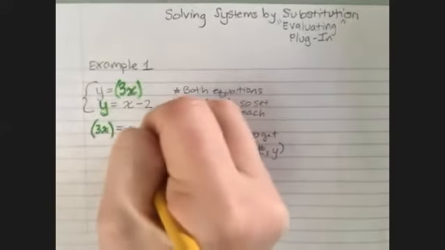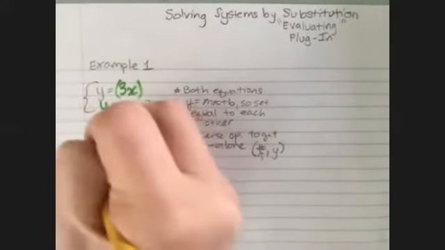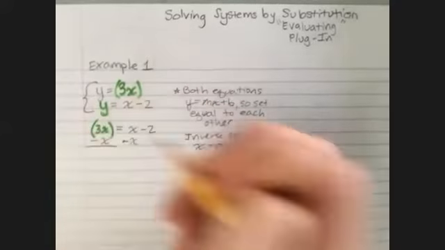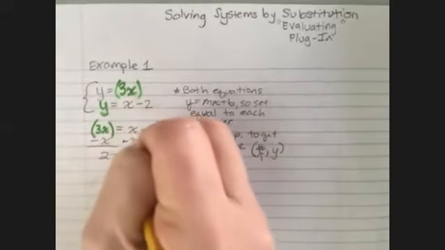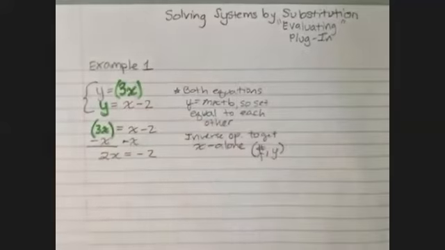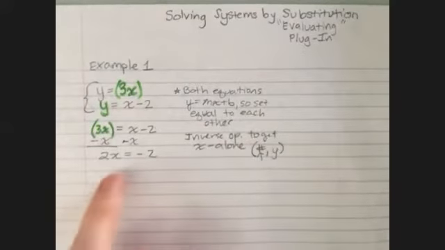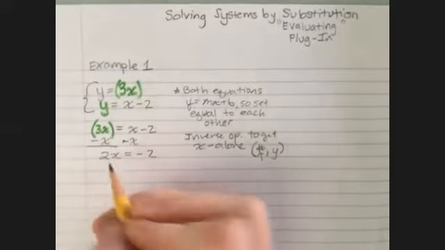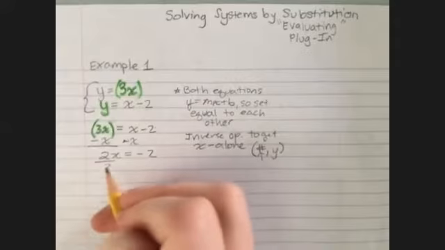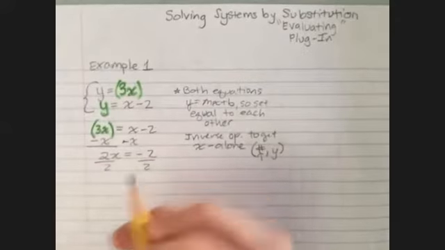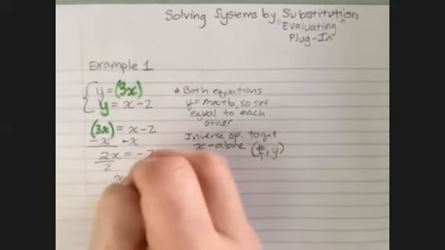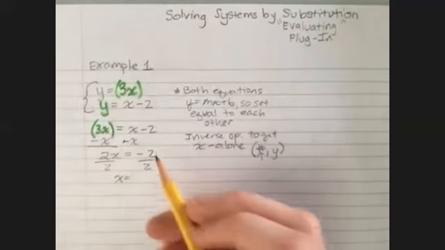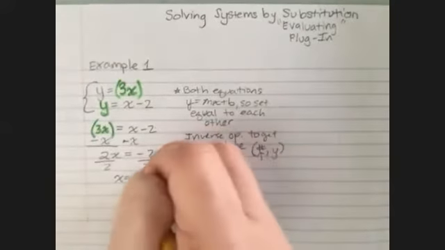So it's going to be minus x. 3x minus an x gets me 2x left over equals negative 2. Now that I have this, I need to still get x by itself. To do that, I see it's x times 2, so then divide by 2. What you do to one side, do to the other. Negative 2 divided by positive 2 is negative 1.